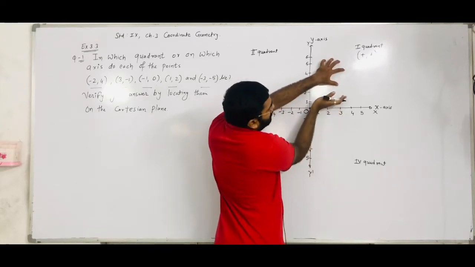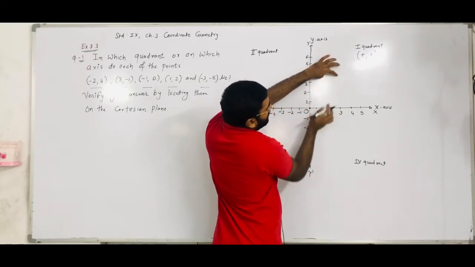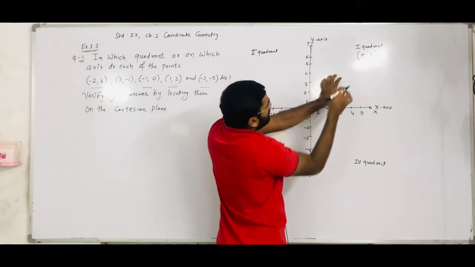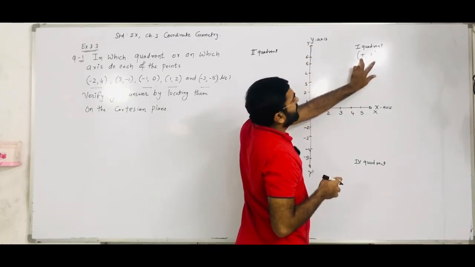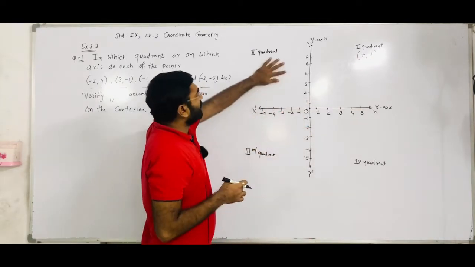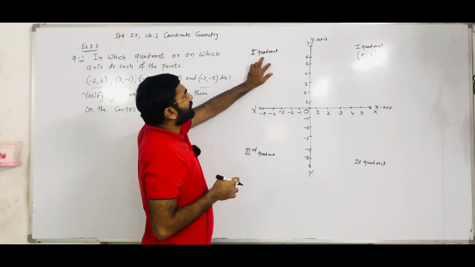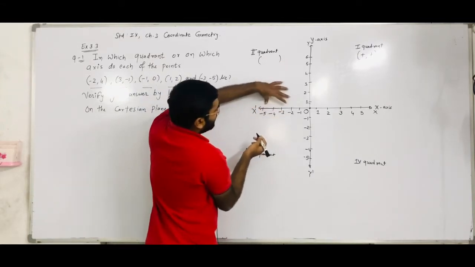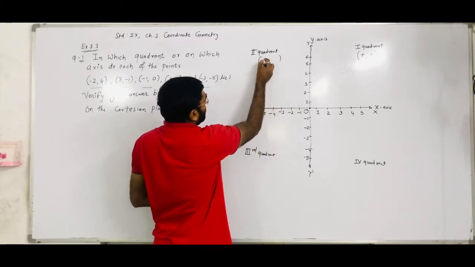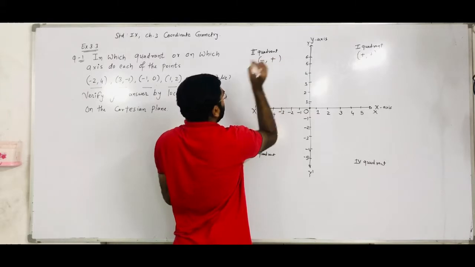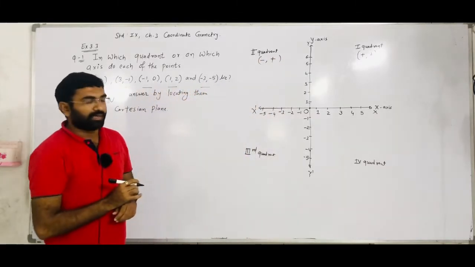Because its x value is positive, as well as its y value is positive. But whenever a point lies in the second quadrant, its x coordinate sign is negative and y coordinate sign is positive. So minus plus is the sign of the second quadrant.